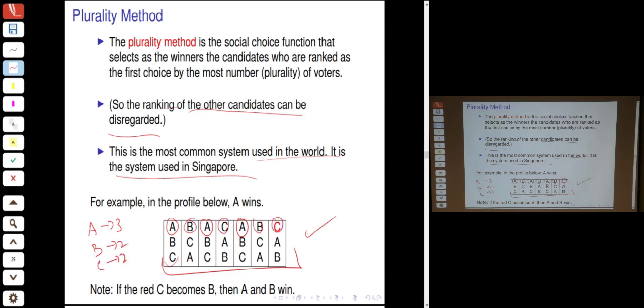Now, if the red C here becomes a B, so if you switch that vote, then this will become 3, 3 and 1. C will lose 1 vote and B will gain 1 vote. In that case, both A and B have 3 votes and both win.